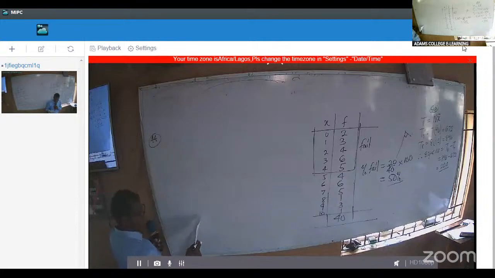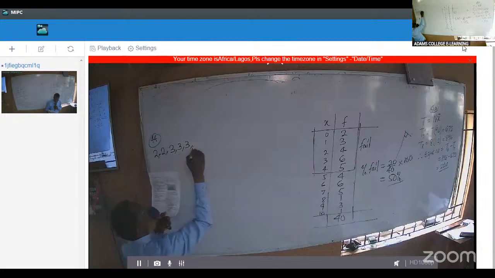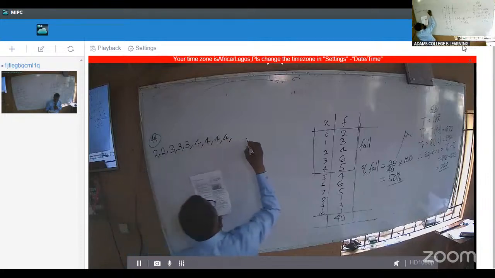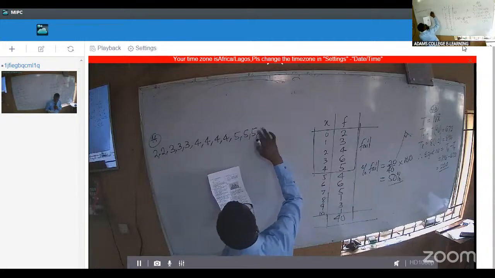Find the median. To find the median, we have to arrange them in ascending order. What is the smallest number? Followed by another 2. How many 2s are there? How many 3s are there? 3, 3, 3. How many 4s are there? 4, 4, 4, 4. How many 5s are there? 5, 5, 5. How many 6? No 6. How many 7? How many 8? How many 9?